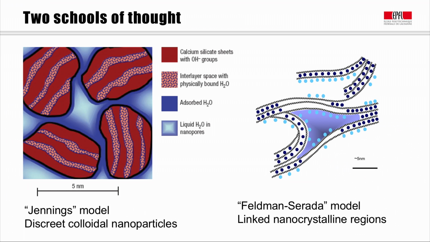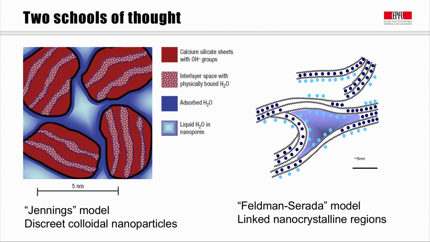This kind of arrangement of the layers leaves pockets where we have higher amounts of porosity, which we could relate to the gel porosity. This model is somewhat similar to what you have in semicrystalline polymers, for those of you who have made studies in polymers.